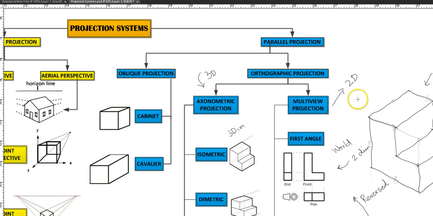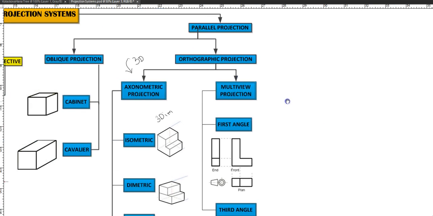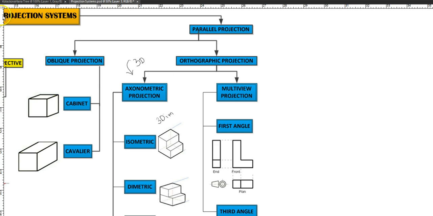Okay, now let me show you one example for a cabinet projection. I'm going to make an example of a desk. Just a simple desk. So this is the front view, and I'm going to project it using my parallel projection.